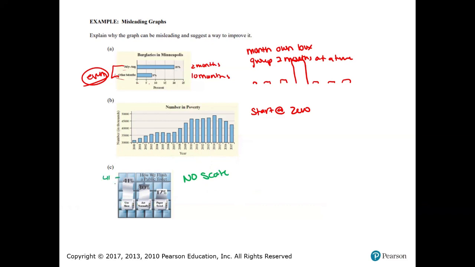That there is no scale. Okay, second thing, if I add 41, 30, and 17, that makes 88%. Where is the last 12%? Where's that leftover data? What are you doing to flush the toilet? This is not all of the data.